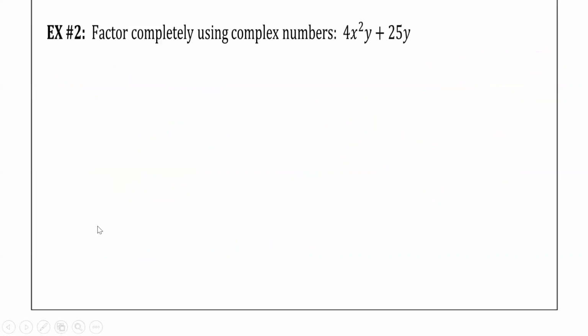All right, so next you have number 2, factor completely using complex numbers. So on this one, again, we're going to factor out our GCF. So our GCF here is what? Y. So our GCF that we're factoring out is going to be Y. When I factor out Y, what am I left with?